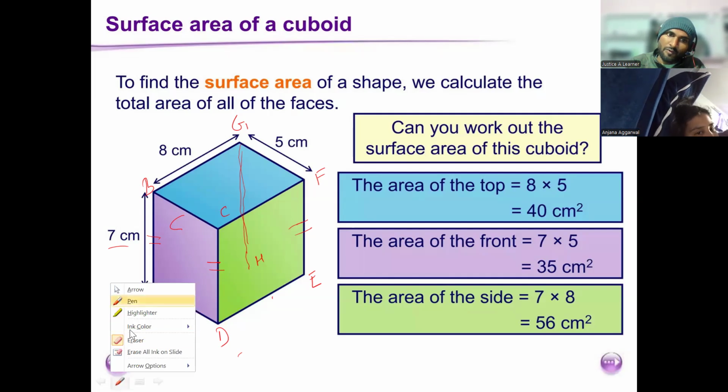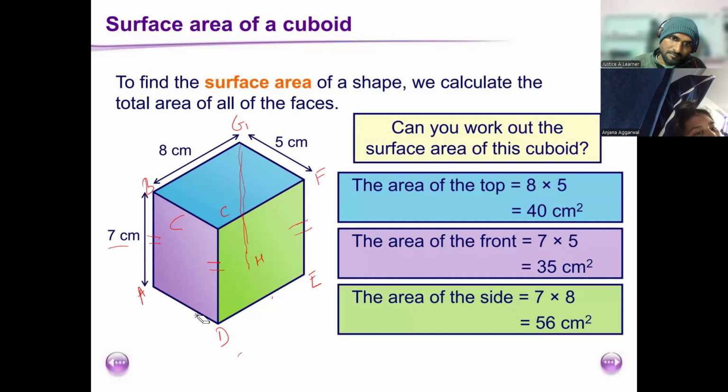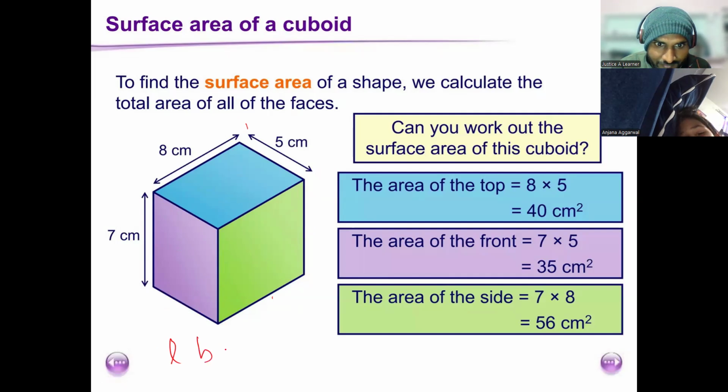Can you tell me what is length, what is height, what is width? Length is 7, width is 5, and height is 7. What was the other one? Okay, let me write it: length, breadth, height, and width.